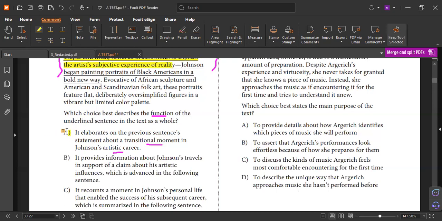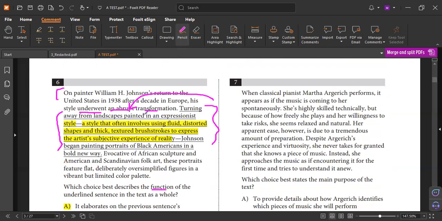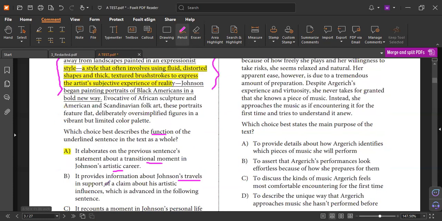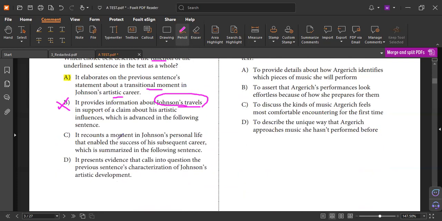But wait, why not B? Because we need to know how the test maker thinks. The test maker gives you ideas not related to the underlined. It provides information about travels. No, it's about the abrupt transformation. So without reading, I will not continue reading the answer. It's really wrong. It recounts a moment in Johnson's personal life.